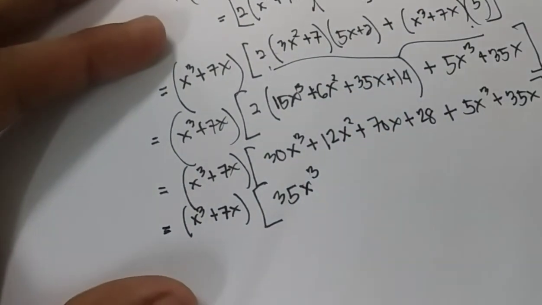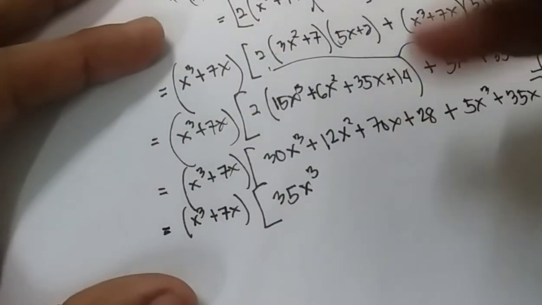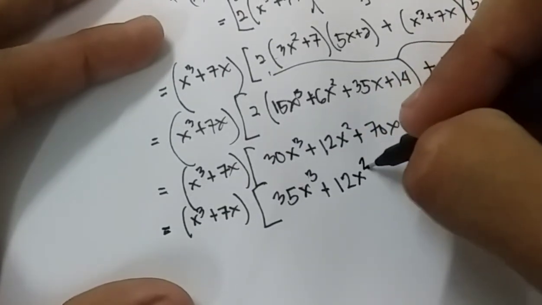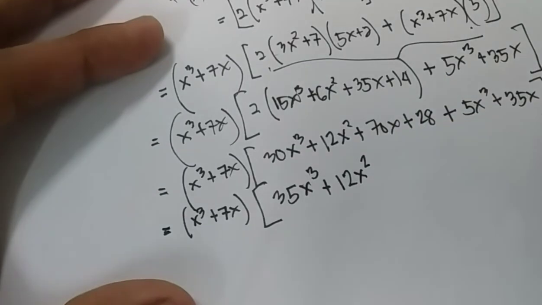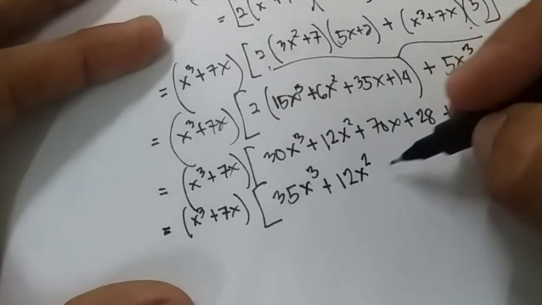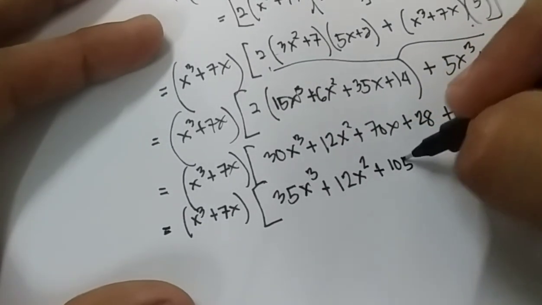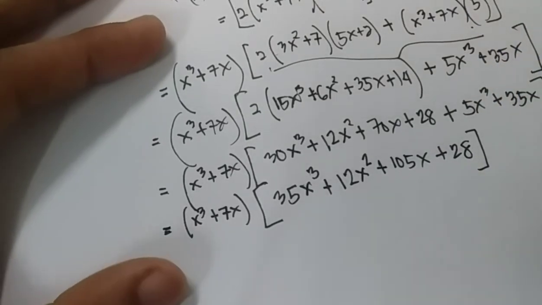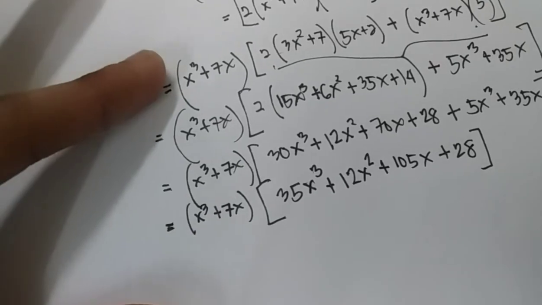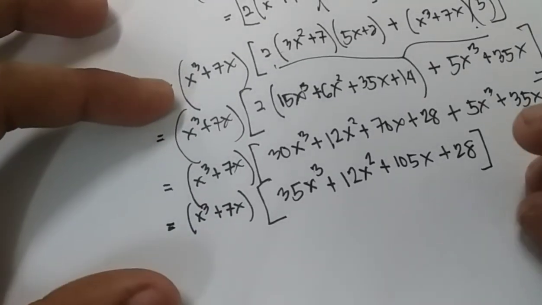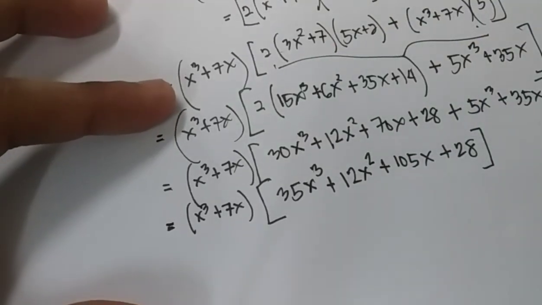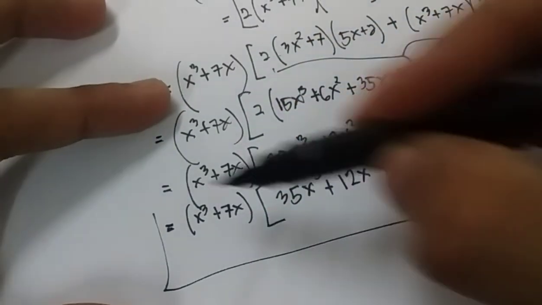Then we only have x squared, so we copy 12x squared. Then for the x to the power of 1, that is equal to 105x, we can add that. Then our constant is equal to 28. We cannot further simplify this because 28 is not divisible by 5 and also 12. So this will be our final answer.